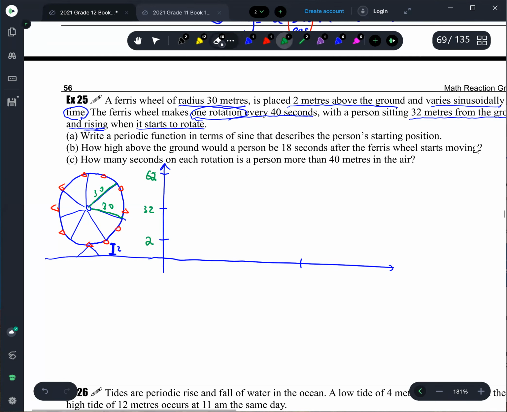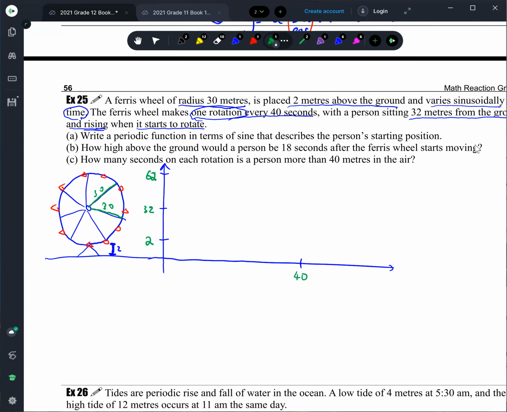All right, period, it tells you it makes one turn in 40 seconds. So period is 40 seconds. And the person is sitting at 32 from the ground, right? So that means the person is here, sitting there, and then it goes up, starts by rising.